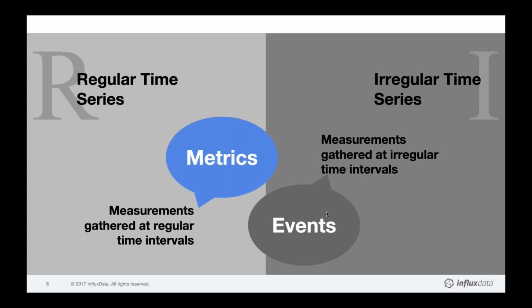But it could be also good things that you want to monitor, but you don't know when they are going to happen, like a click. You want to understand how your user base is interacting with your application, your new feature, or a new icon that you made available in your UI. So this is also an event, and this is also part of a time series, since you are monitoring the same thing over time. So events can be anything.